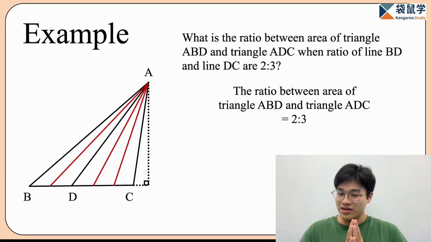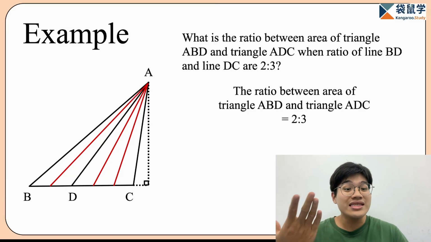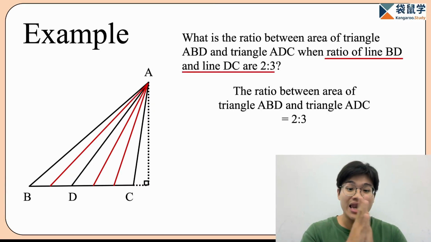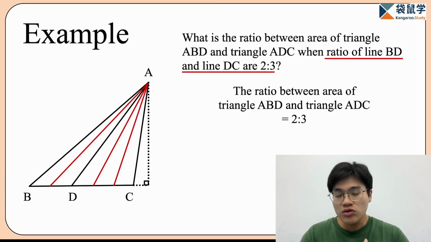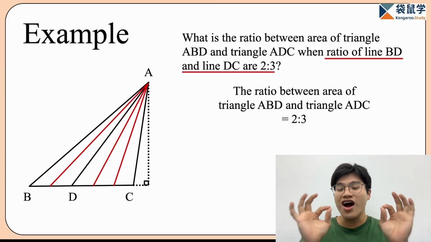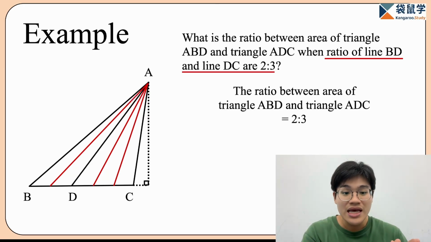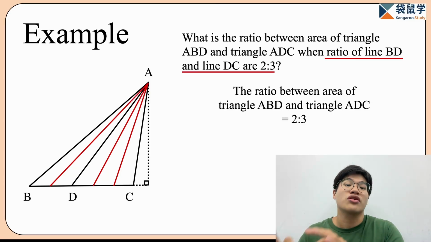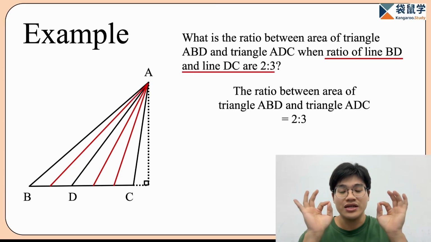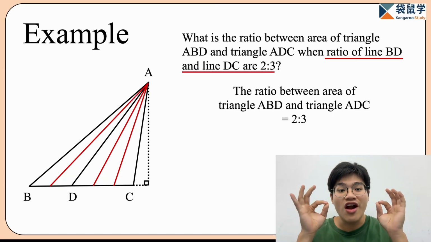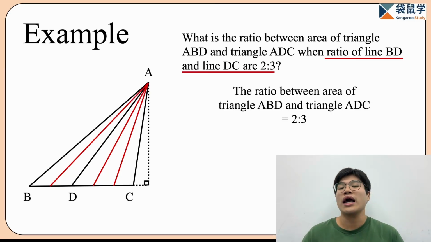Do we see any other 2 to 3 here? The ratio of line BD and line DC is also 2 to 3. So the ratio of the bases and the ratio of the areas of triangle ABD and triangle ADC are the same, because they have equal height.